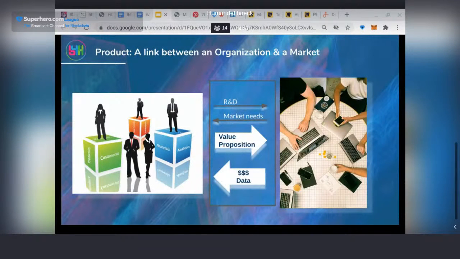So first of all, I will give you the meaning that I give to the word product, and I see product just as a link between an organization, a company, for-profit, or even a not-for-profit organization, with a market. They interface, they communicate with each other through a product.